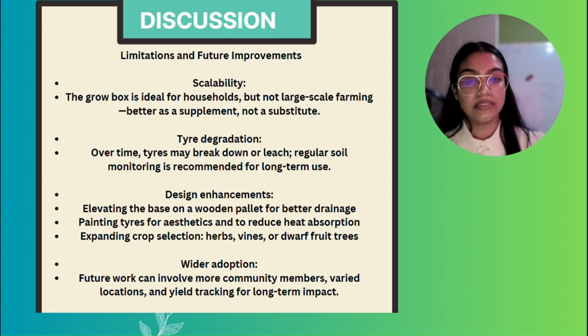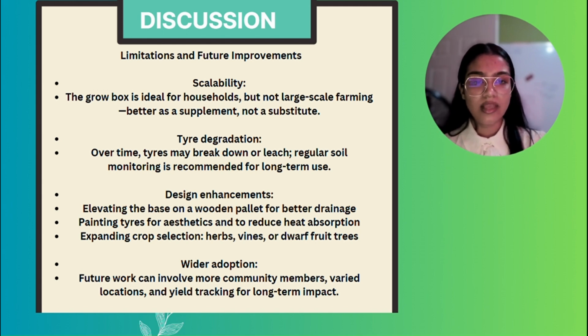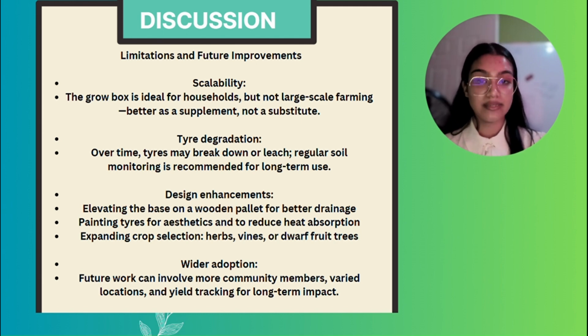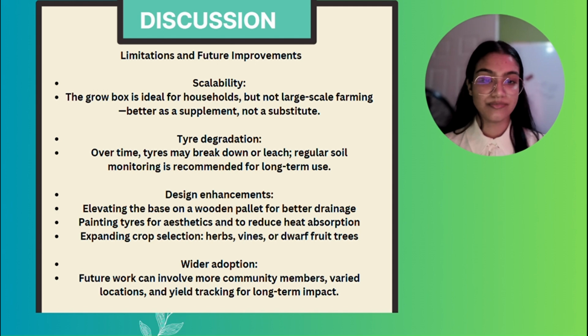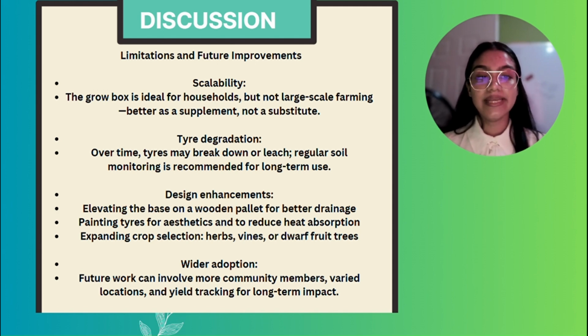Aesthetics and usability were also things we thought about after testing. In future versions, we'd like to raise the base of the structure on our wooden pallet to improve drainage and make it easier to access. We'd also like to paint the tires to reflect heat and improve appearance.